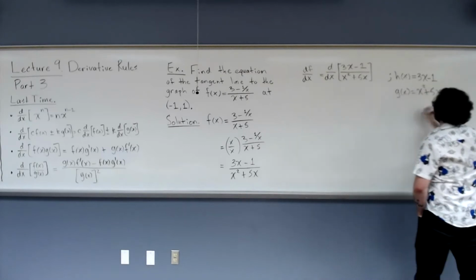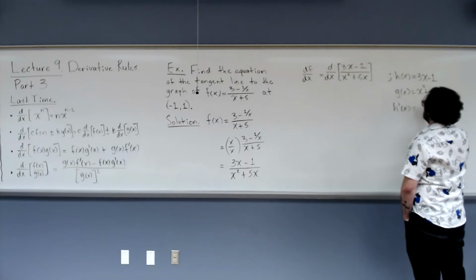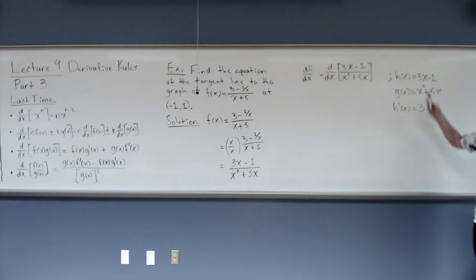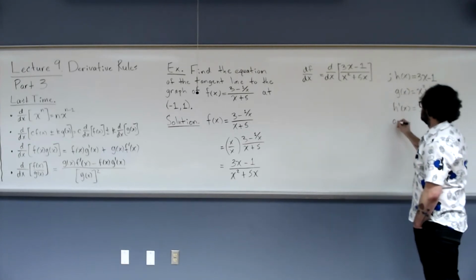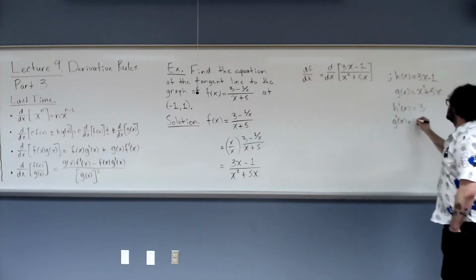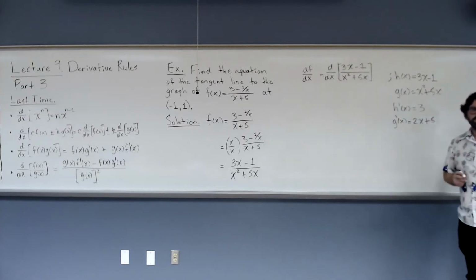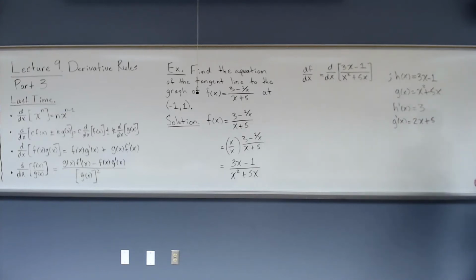So h prime of x is equal to 3, and g prime of x is 2x plus 5.